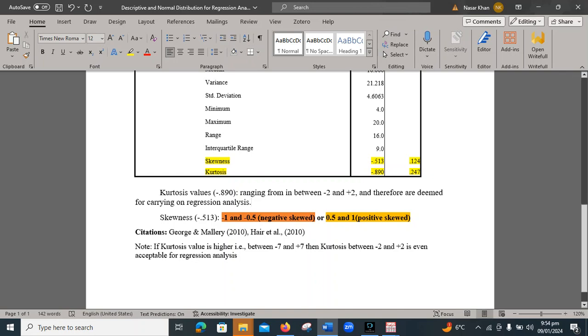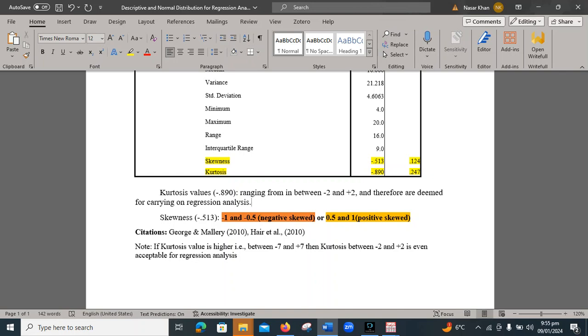Okay, then there is skewness. So skewness is minus 0.513. Okay, there is negatively skewed data and there is positively skewed data, which are highlighted for your understandability. It is near minus 0.5. So this shows that your data is good for carrying on regression analysis.